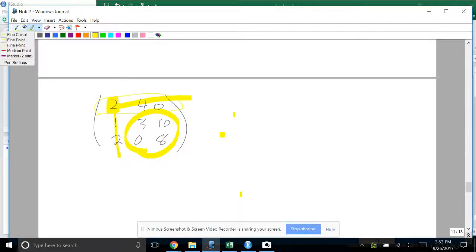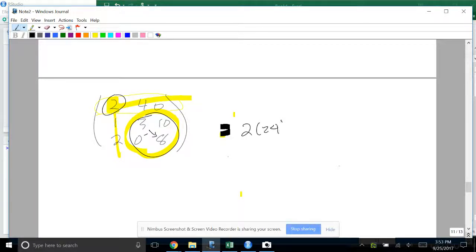So it's going to be 2 times the determinant in here. That's 24 minus 0, 2 times 24. Then we take the first row, second column, eliminate the first row, and take the determinant of these two things.